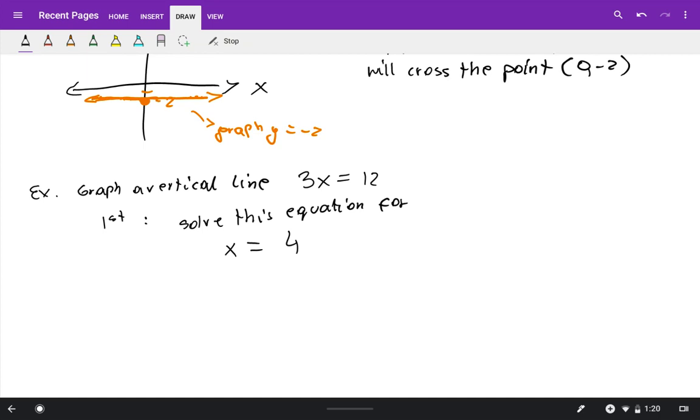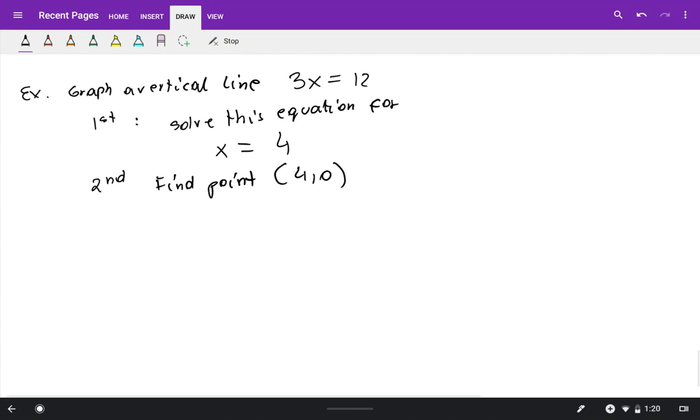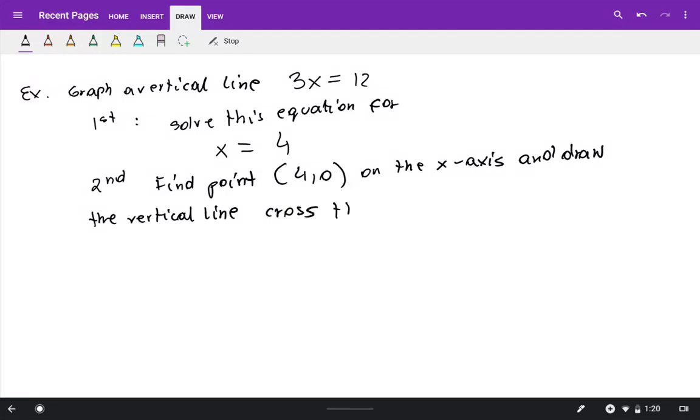Next, you're going to find the x-intercept on the x-axis and draw the vertical line which crosses the x-intercept.